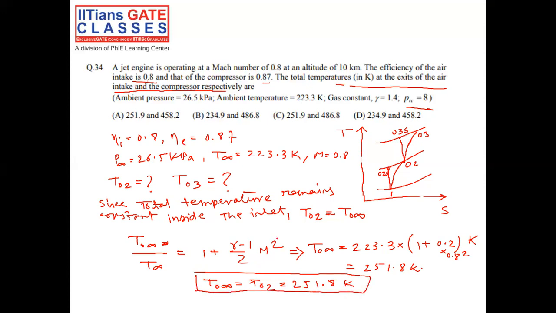Now the second part, that is TO3, which is the total temperature at the exit of the compressor. Now for the compressor, the compressor efficiency is given by TO3s minus TO2 divided by TO3 minus TO2.